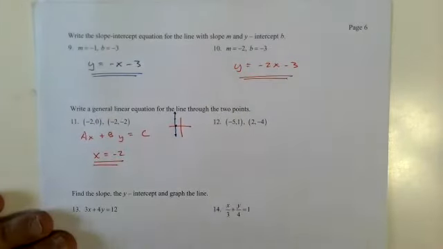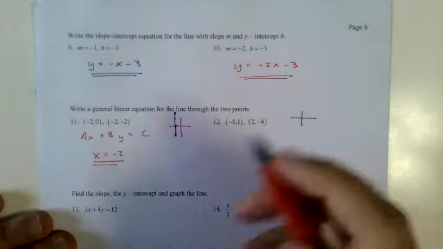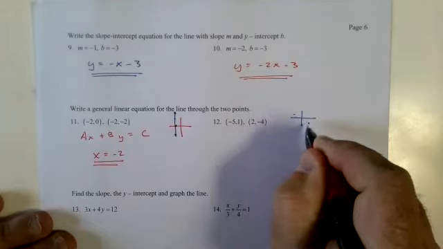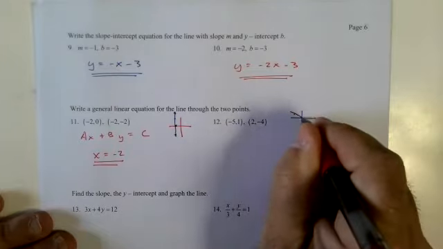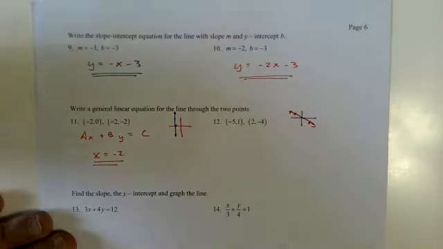There's no general linear equation that I can write for that. So over here, it's a little trickier. -5, 1, 2, -4. So we're going to have a negative slope down with a y-intercept around 0, maybe +1-ish.